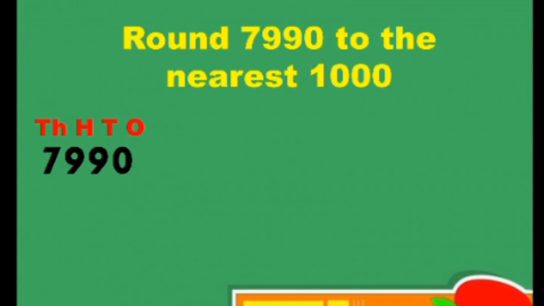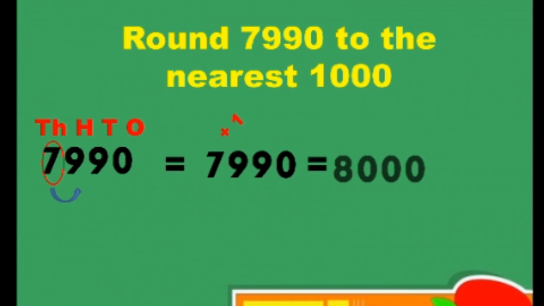Remember, we have to look at the digit next door, which would be equal to 9. 9 is equal to more than 5, therefore we would have to add 1 to our thousands column, turning our 7 to 8. And remember, everything behind, zero is your name. So therefore we're going to have zeros in our hundreds, tens, and ones column, giving us 8,000.